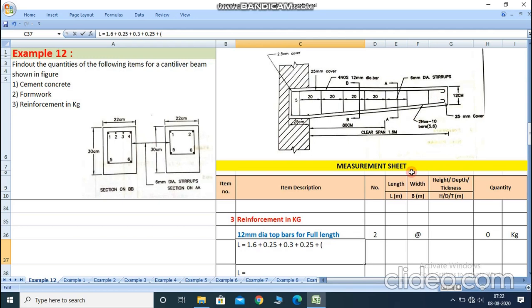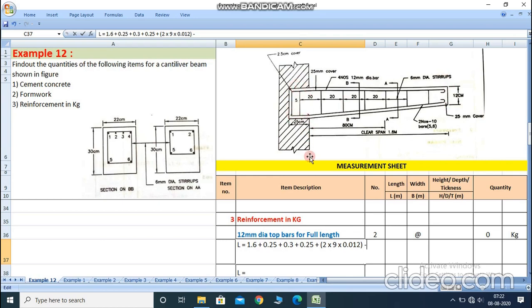Clear? So we provide hook on both the sides. So 2 multiplied by 9 into diameter of the bar, 12 mm. So 0.012, minus here cover is provided at both the sides, 25 mm. Cover is provided at the starting and end point, and also 25 mm cover is provided at the bottom and top.